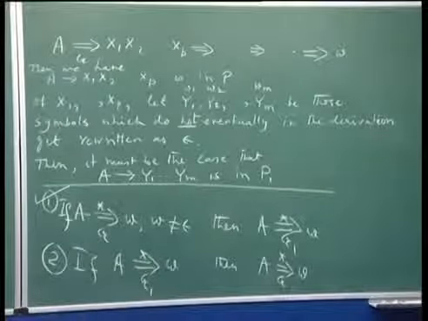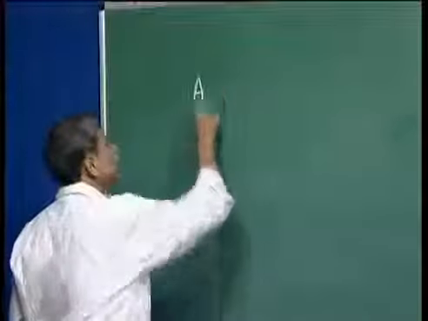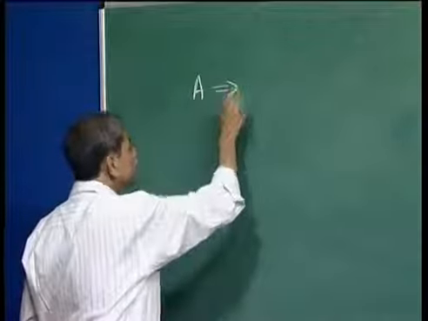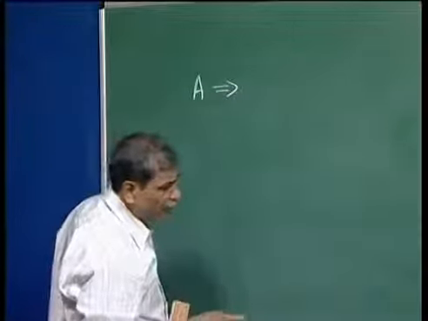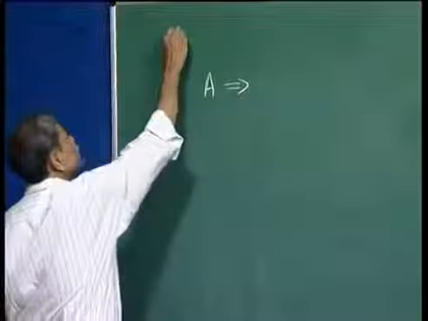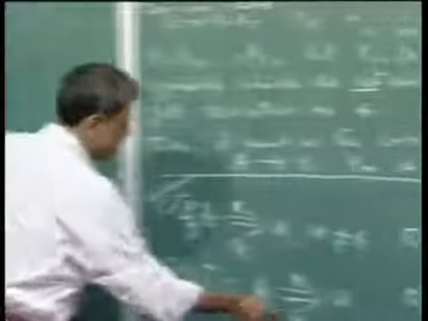So consider such a derivation starting from some non-terminal A. The first step that will happen is A will be rewritten by using a production of G1, because we are talking of derivations in G1.